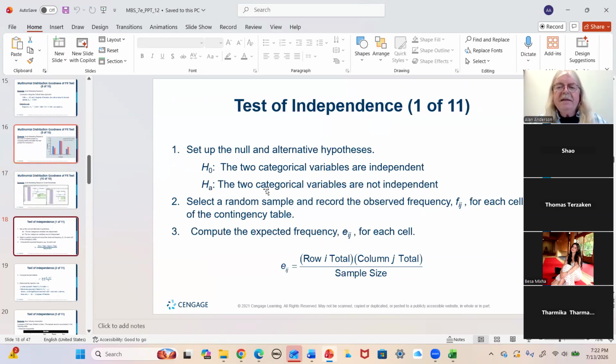Tests of independence. What is this all about? All right, well, imagine the following situation.